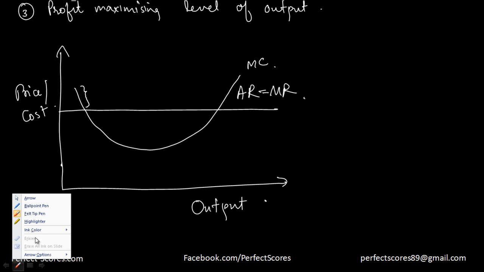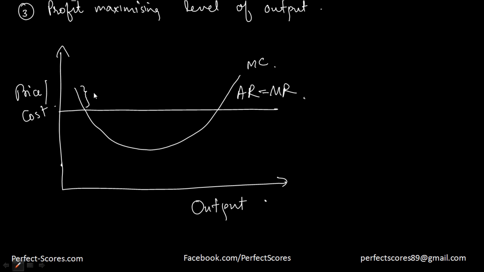The marginal cost is greater than the marginal revenue, which means till now I'm making losses, because the revenue earned by adding another unit of output is lesser than the cost incurred by adding an extra unit of variable factor. That means till this point I'm making losses.